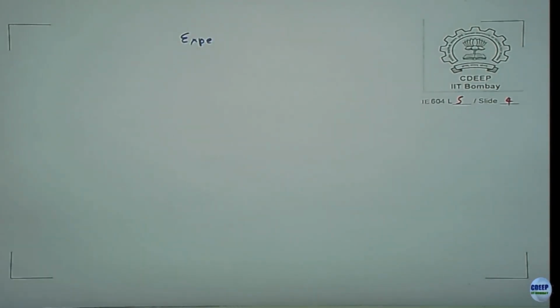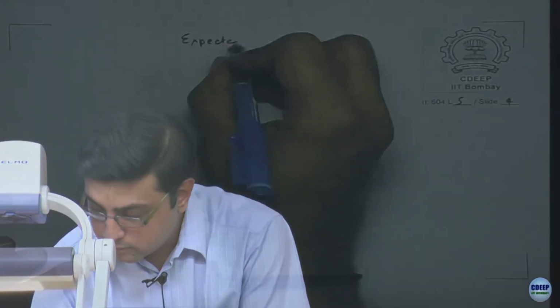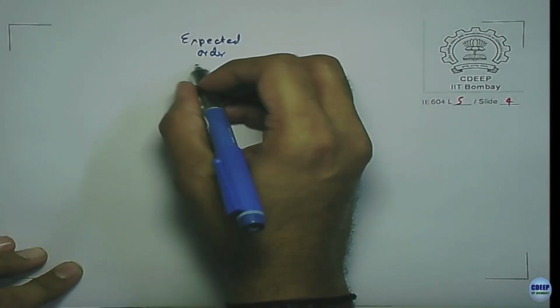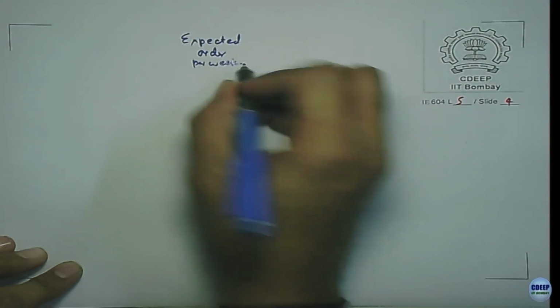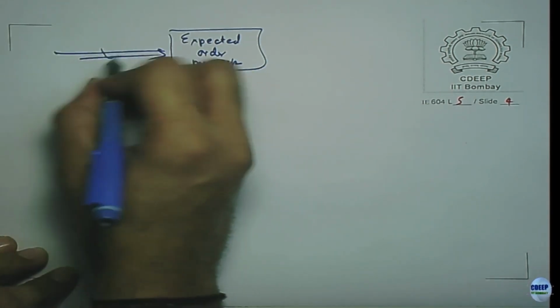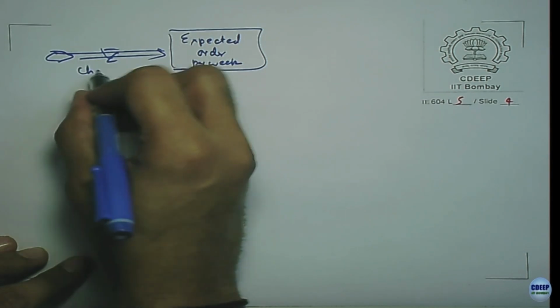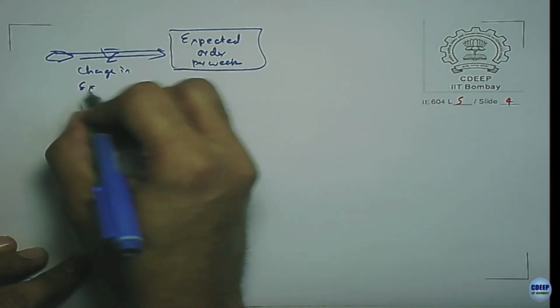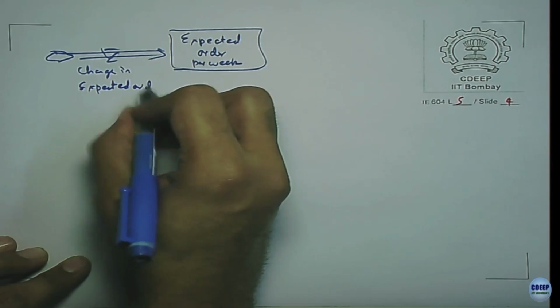Let's see customer demand. When you say customer demand occurs, it is usually units per week, sales units per week. But when you ask a shop, we all know the values of the demand. Okay, what is the forecasted demand for the next week, or the expected order? So the expected order per week could very well be a stock, and this could be the change in expected order.